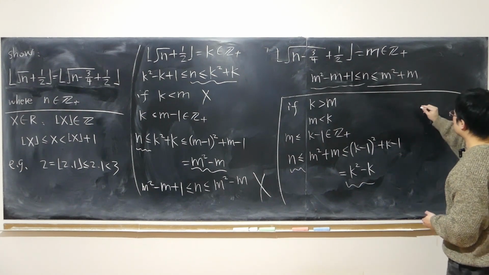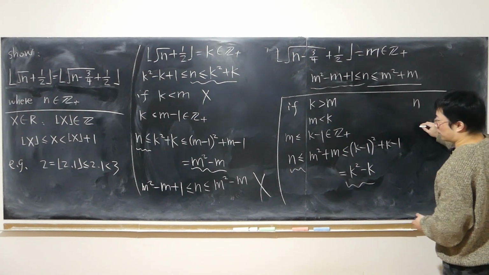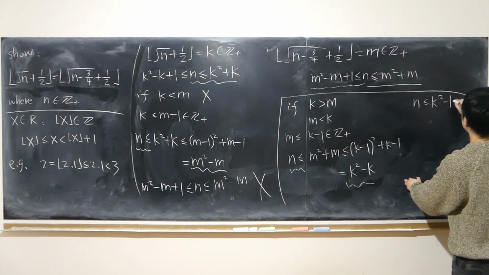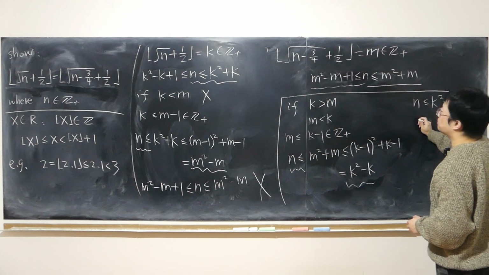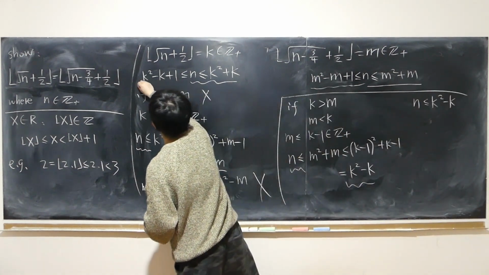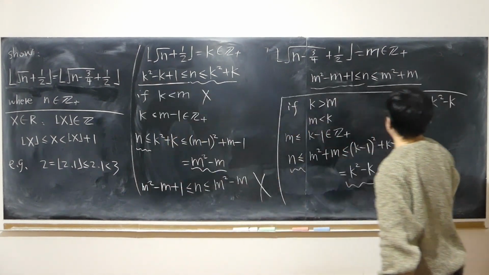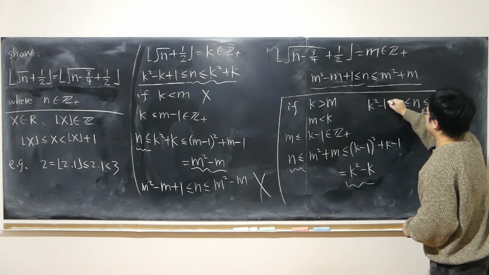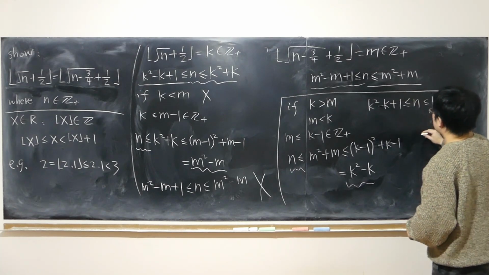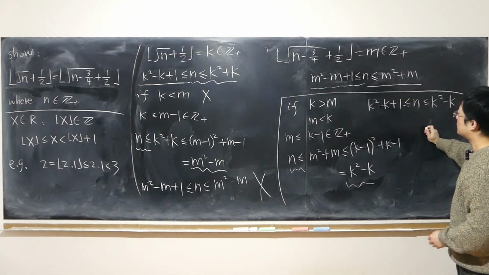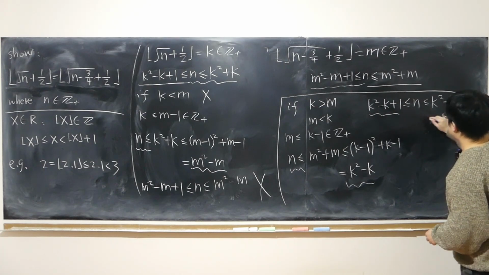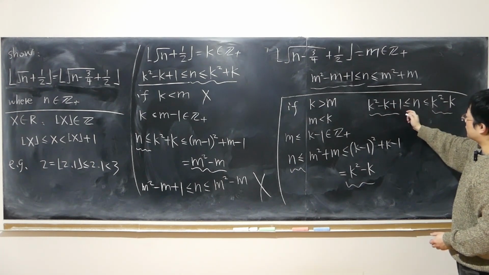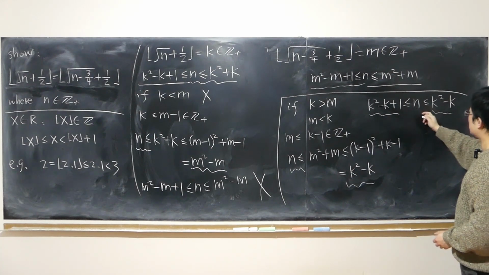And so in conclusion, here I have n not only less than or equal to k squared minus k, but also bigger than or equal to k squared minus k plus 1. Likewise, for the same reason, this is definitely bigger than that. 9 is less than or equal to some positive integer, less than or equal to 8.